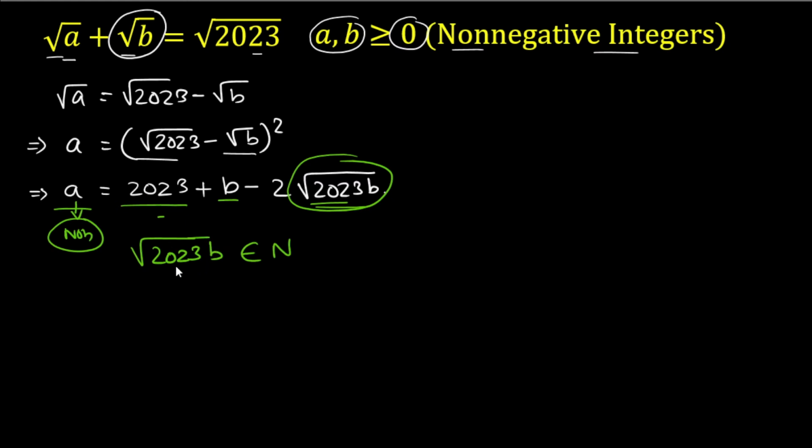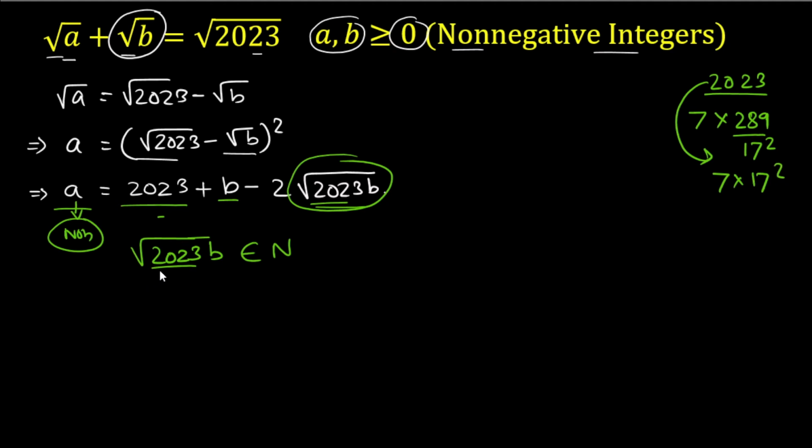Now we'll factorize this term 2023. The prime factor of it is 7, and that is multiplied by 289, and 289 is the square of 17, so it is 17 squared. We can write 2023 as 7 multiplied by 17 squared.